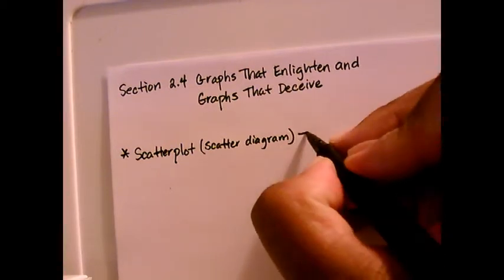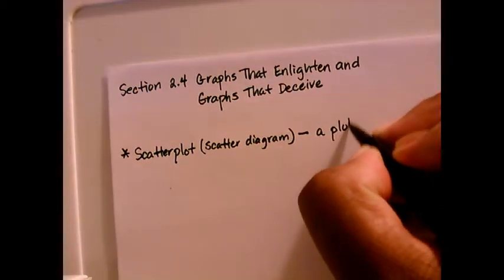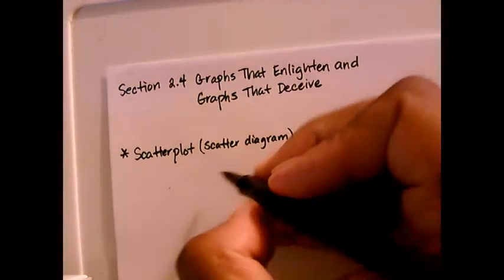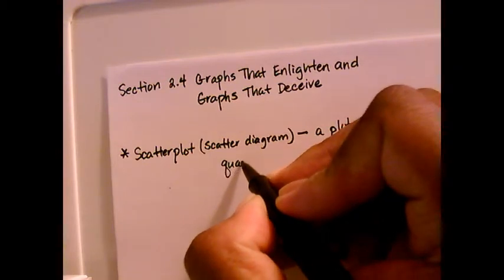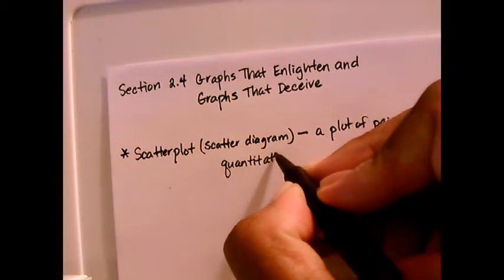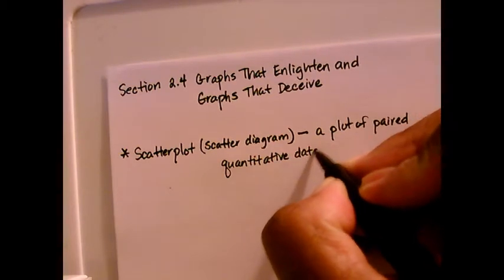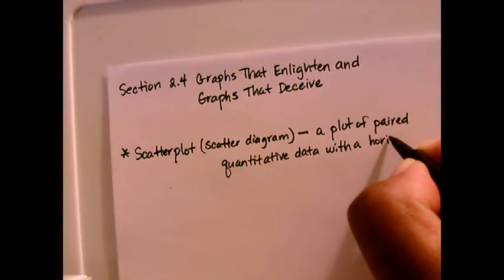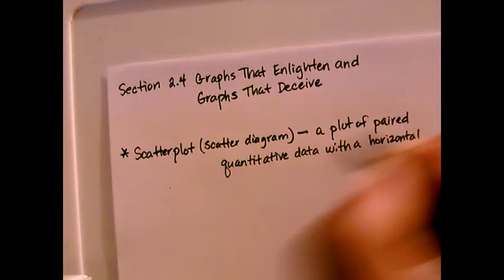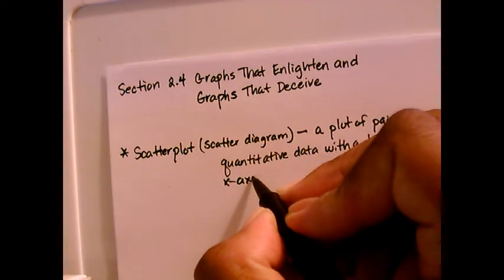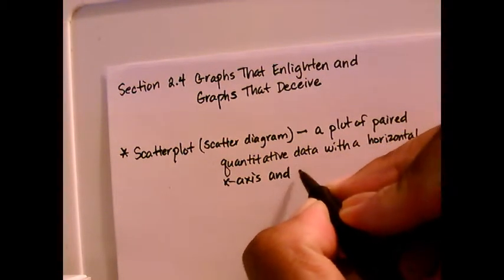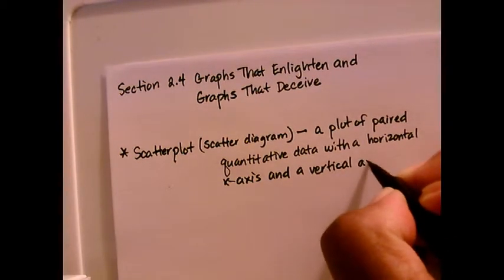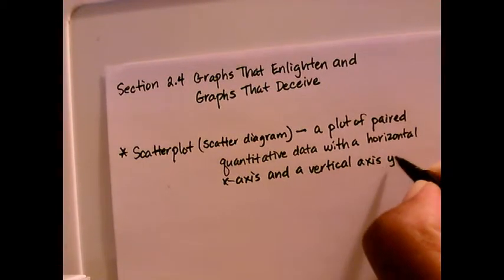And in a scatter plot, it is a plot of paired quantitative data with a horizontal axis, and of course the horizontal axis is usually called the x-axis, and a vertical axis, and sometimes the vertical axis is called the y-axis.